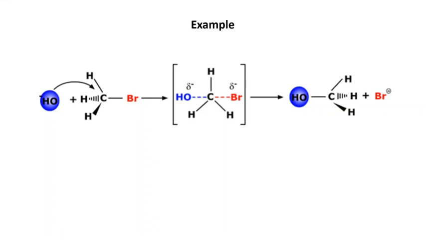This is one example of SN2 reaction. The reaction between methyl bromide and a strong base, that is hydroxide ion generated from sodium hydroxide possibly. The rate determining step involves both CH3Br, that means methyl bromide, and hydroxide.